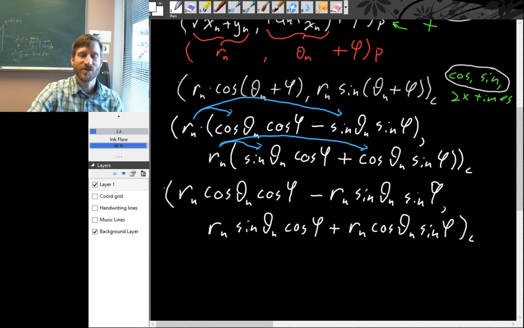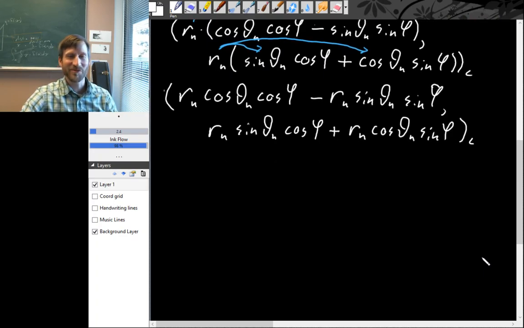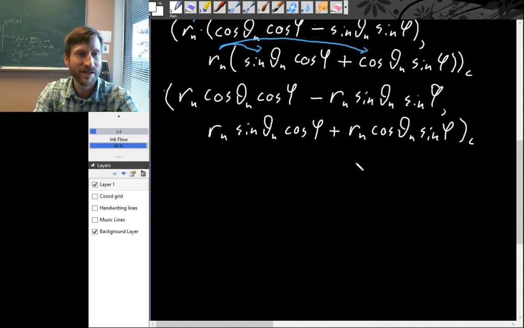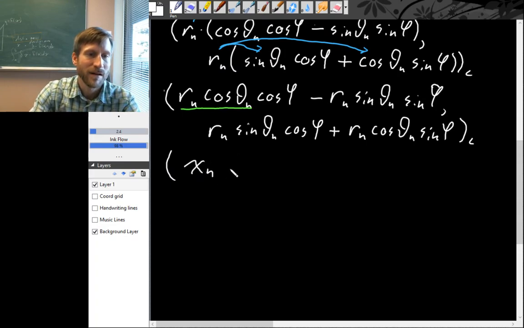And this is in Cartesian coordinates. So it still looks like we haven't really made any progress because there are r's and thetas all over the place and sines and cosines all over the place. But if you look carefully, right here, r sub n times cosine theta sub n, that is x sub n times cosine phi.